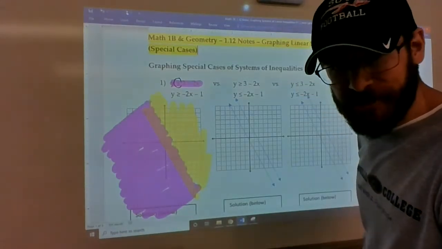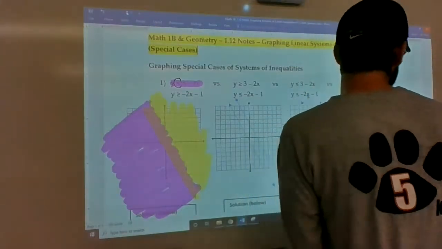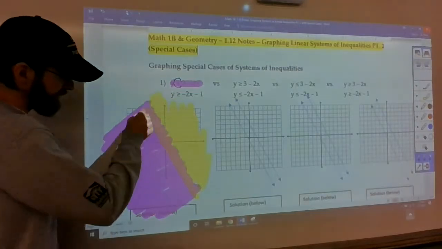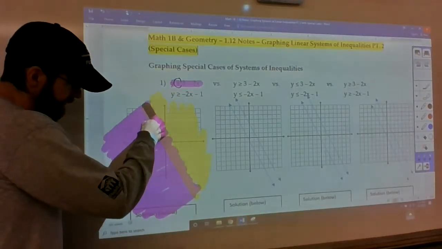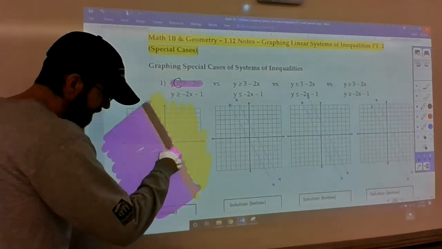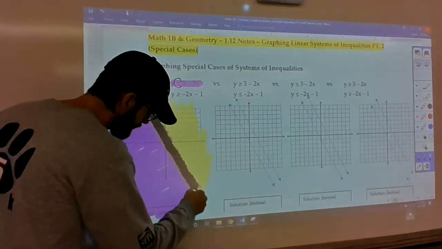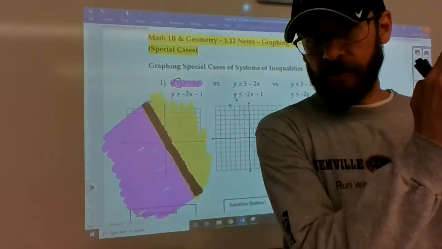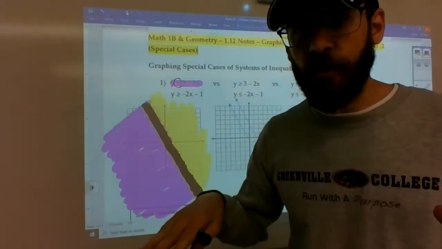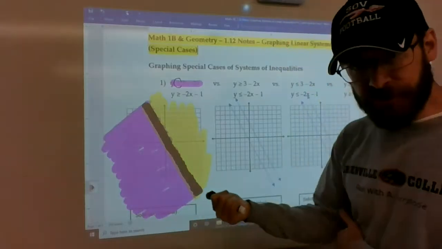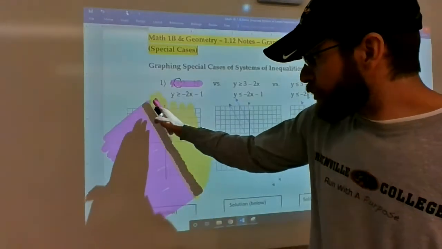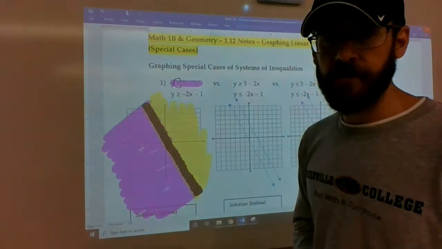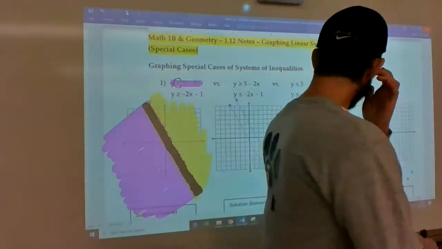Because the yellow and the magenta create a totally different color. It should be this space right here, just the sliver in between. Which is interesting, because normally when you had parallel lines, it'd be, hey, they don't intersect anywhere, so it's always no solution. There's a solution. It's the dark shaded middle between those 2 parallel lines. So there's our first case.